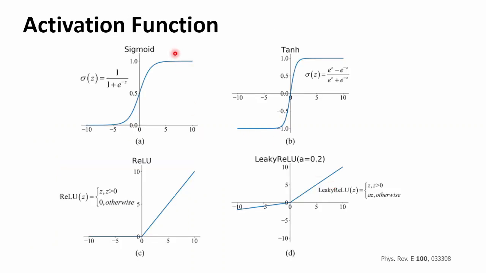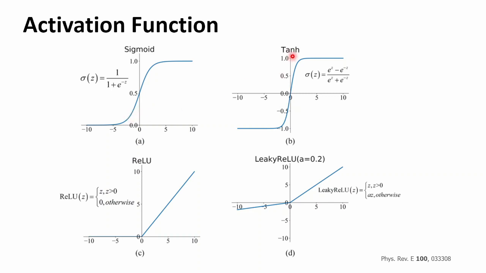Some examples of this activation function are the sigmoid function, and this is the equation over here. In all of these, z is the output from the linear part of the equation that we're trying to solve, and then we impose this non-linearity onto it.